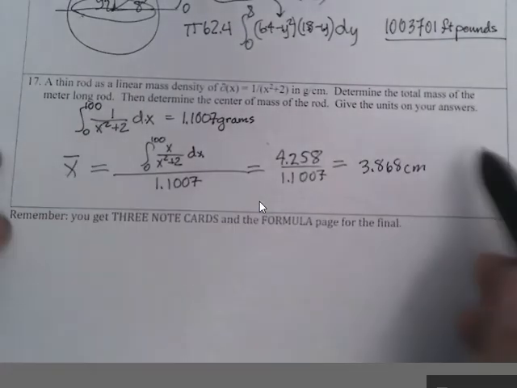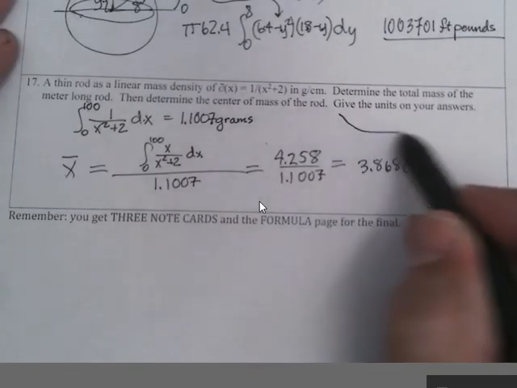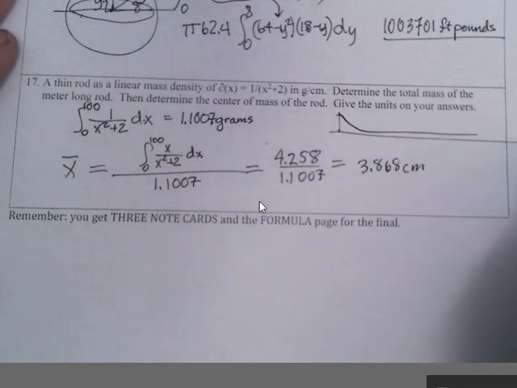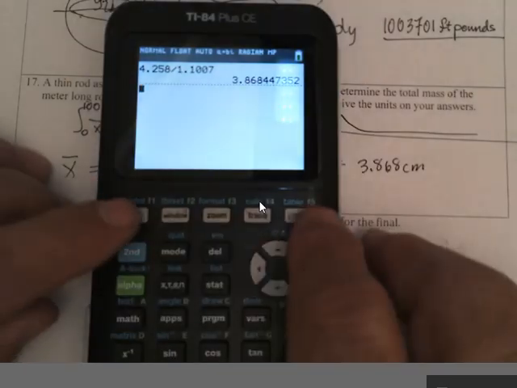And that's because the mass of this was really big at the beginning and then it got really thin. Do you remember the graph on how that looked?